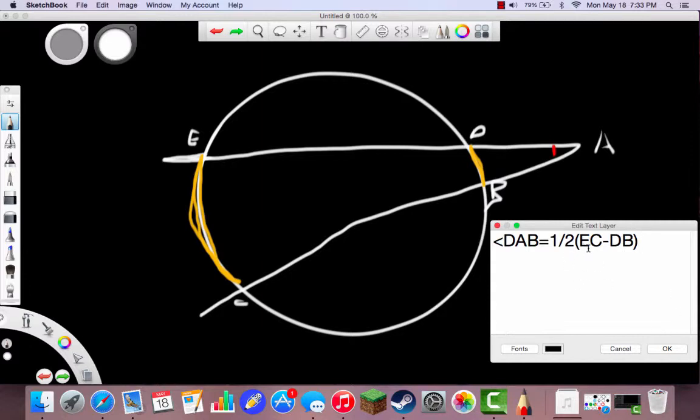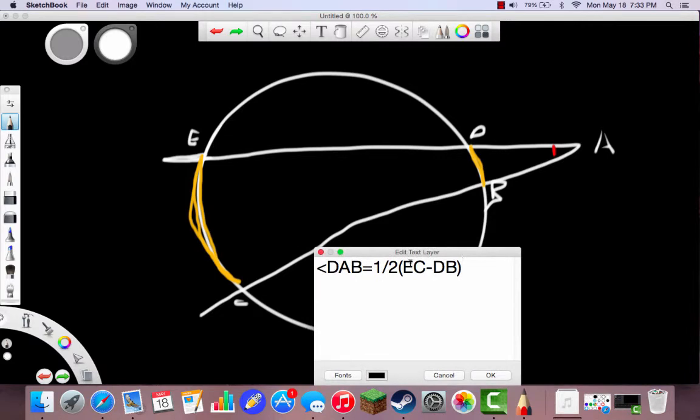And because it's minus here, we see that it has to be the bigger arc minus the smaller arc. Otherwise you'd have a negative angle, and that's pretty impossible.